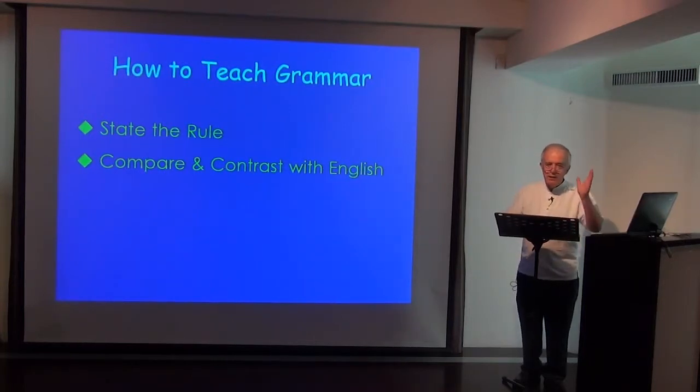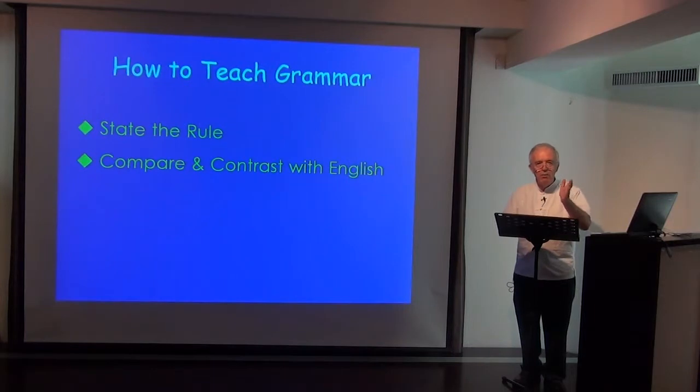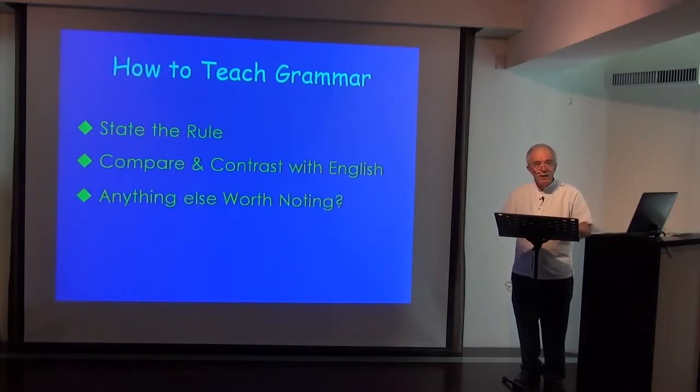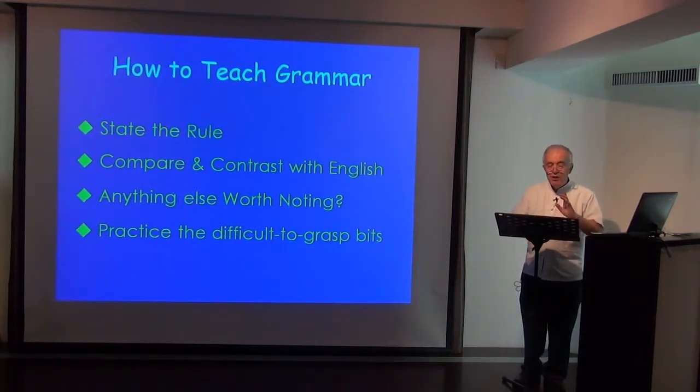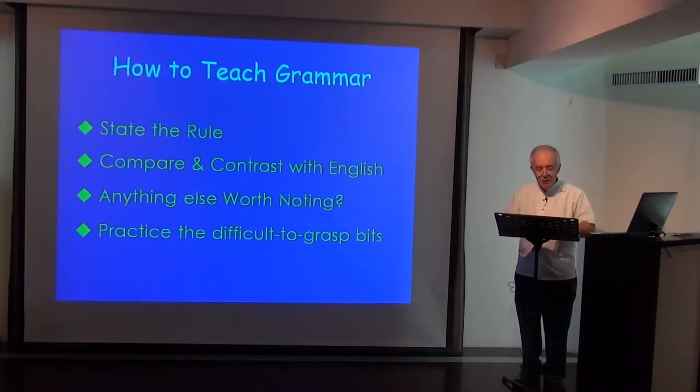In Chinese it's subject, time word, verb, object, whereas in English the time word comes after the verb. Then, is there anything else worth noting about the grammar point? And then finally, the practice, you need to practice the difficult to grasp bits.